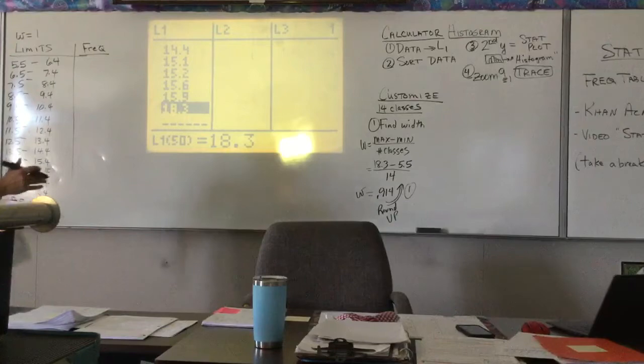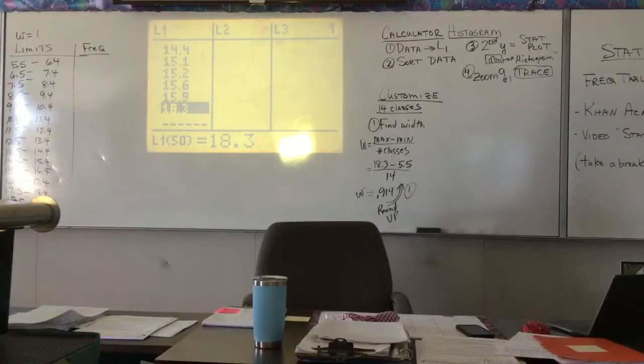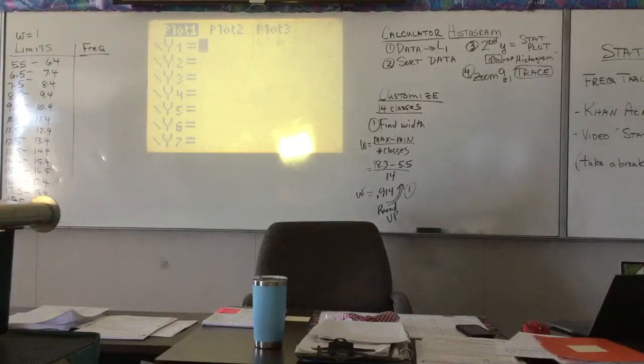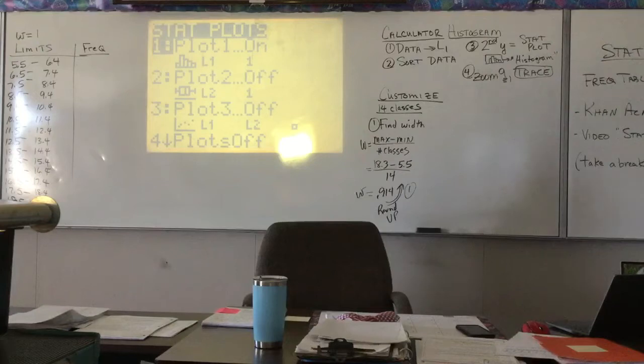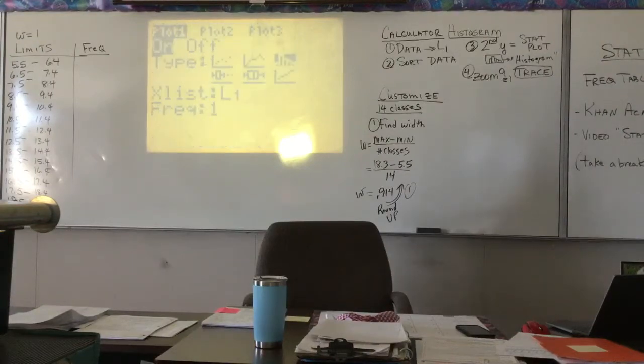Now, in order to set up our graph, we're going to have to use, again, our stat plot, and we're going to end up with that turned on like we did previously.